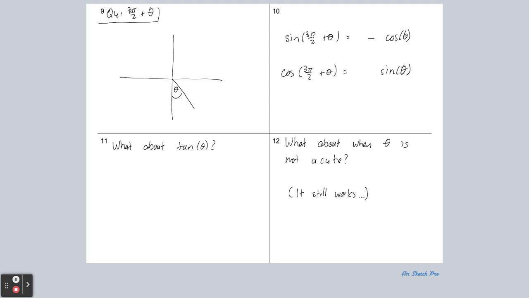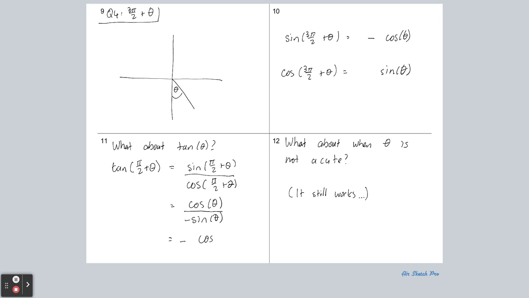So if I was working out, say, for example, the tan of pi on 2 plus theta, I would use my identity, which says tan equals sine on cos, to go sine of pi on 2 plus theta over cos of pi on 2 plus theta, and that will equal cos of theta on top, because sine is positive in the second quadrant, over negative sine theta, because cosine is negative in the second quadrant, and that would be something that we could work out.